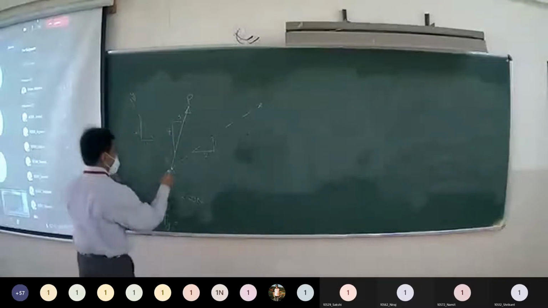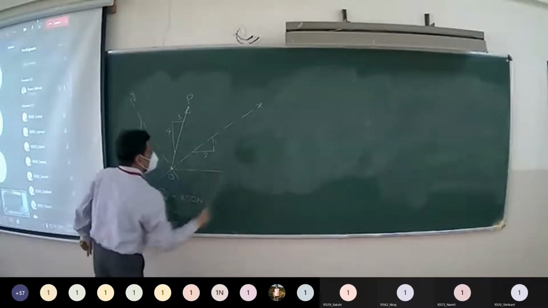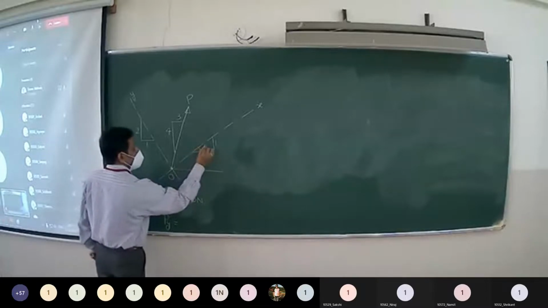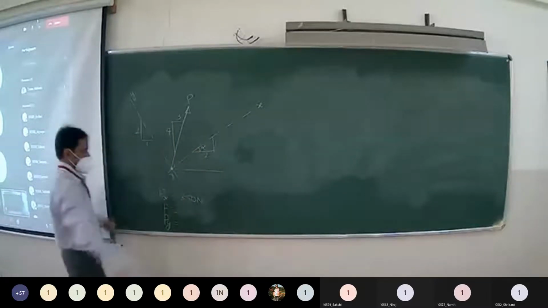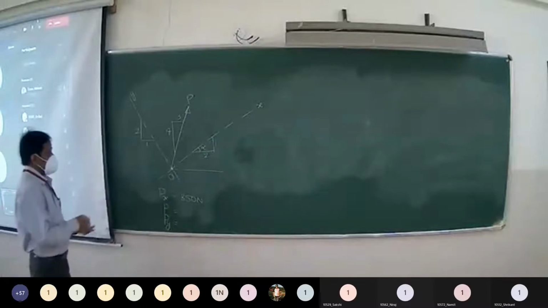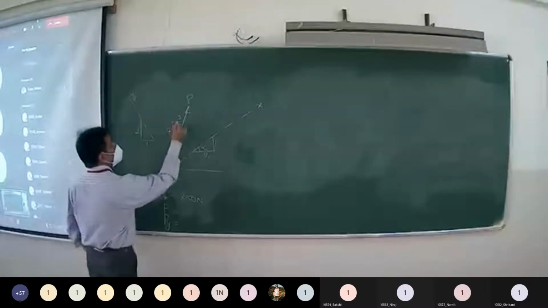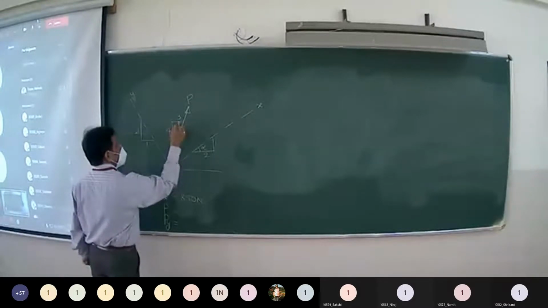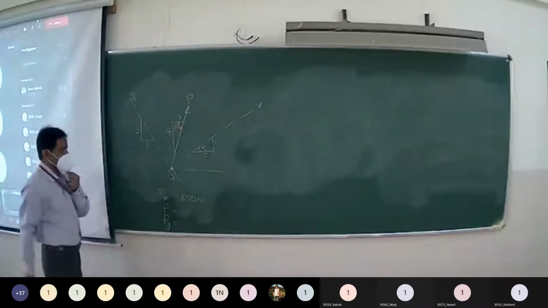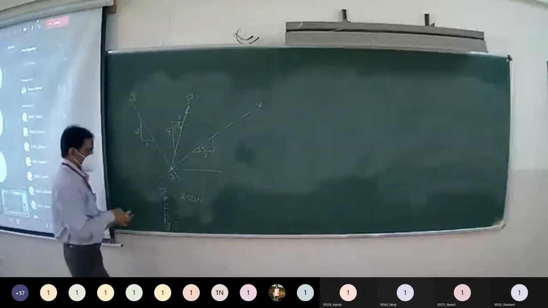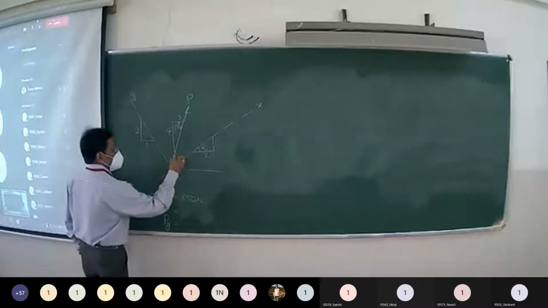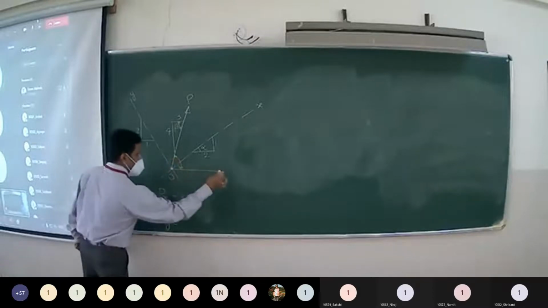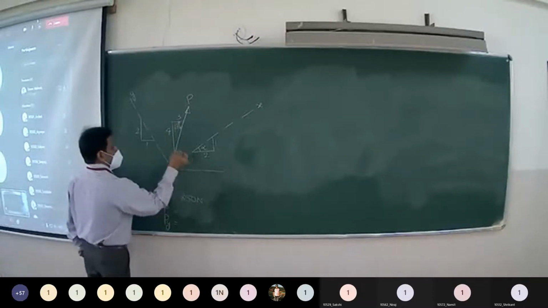Let the angle made by the x-axis with horizontal be alpha. The angle made by force P with horizontal is beta. Right? See here, this total angle, the angle made by P with horizontal, we are having as beta.